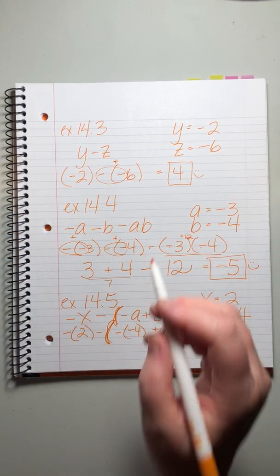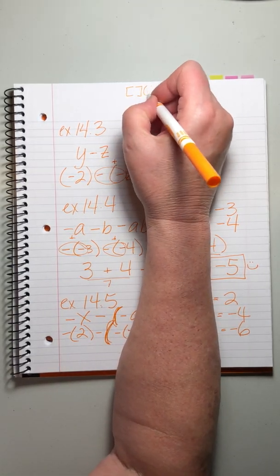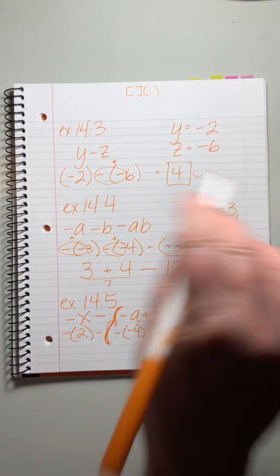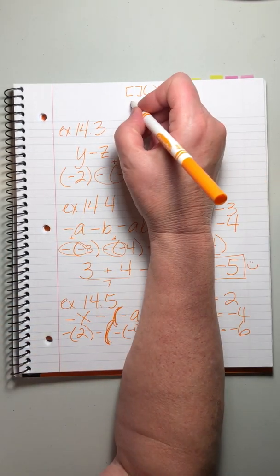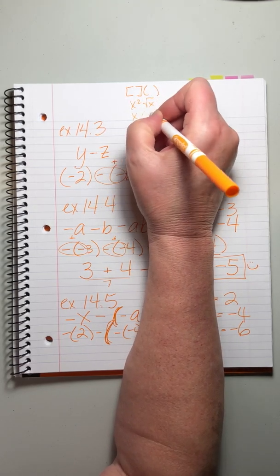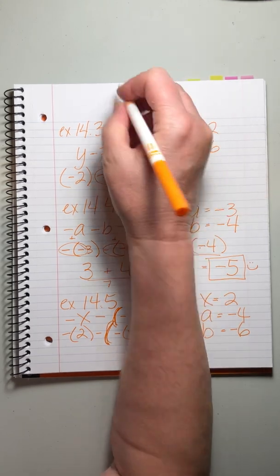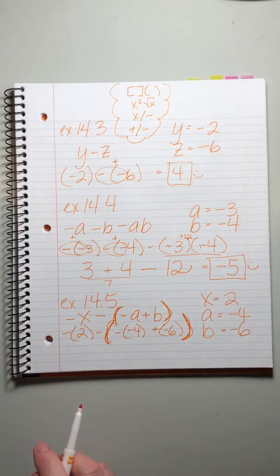Okay, it's worth writing our order of operations down just so we have it in front of us, because this is an order of operations problem as well as an evaluation problem, right? Powers and roots, multiply and divide, add and subtract. Okay, so it doesn't hurt to have that handy.